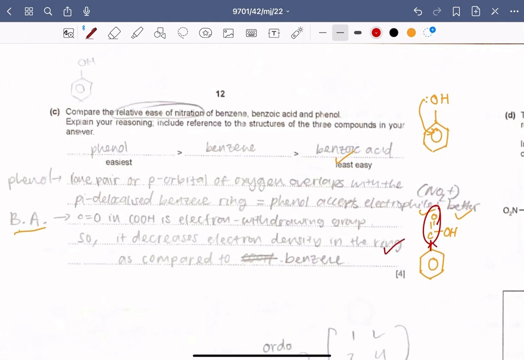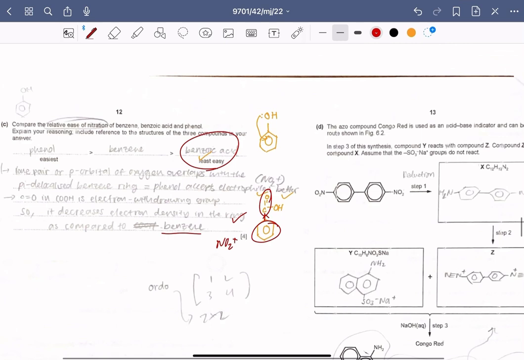So less electrons are present in the ring as compared to benzene, and therefore it is more difficult for the compound to accept NO2 plus ions. So this is the least easy for nitration to occur in benzoic acid.